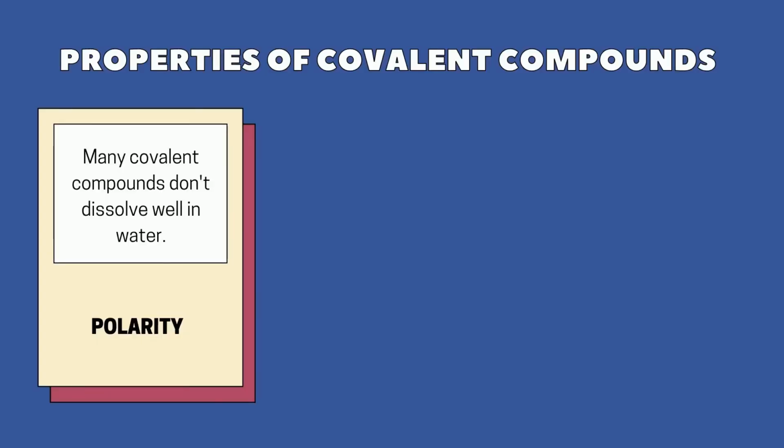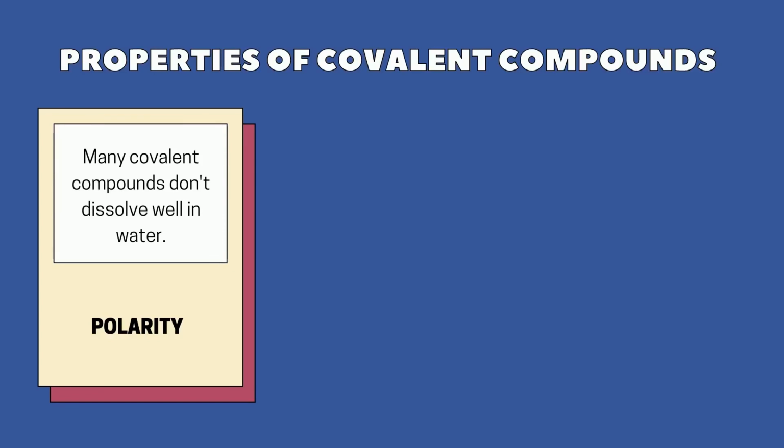We start with polarity. There are many exceptions to this rule, just as there are many exceptions in salts, which are ionic compounds that don't dissolve well in water. However, many covalent compounds are polar molecules that do dissolve well in a polar solvent, such as water.